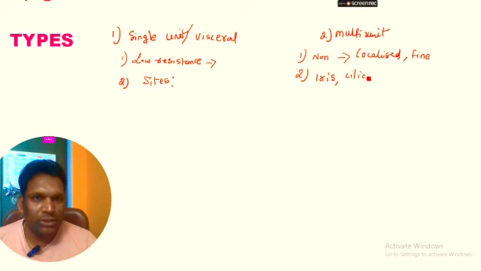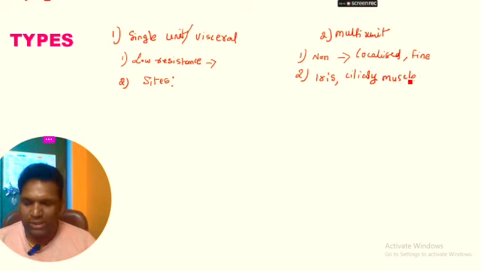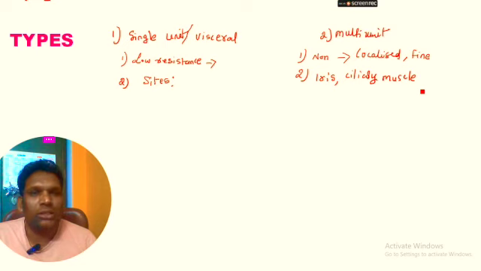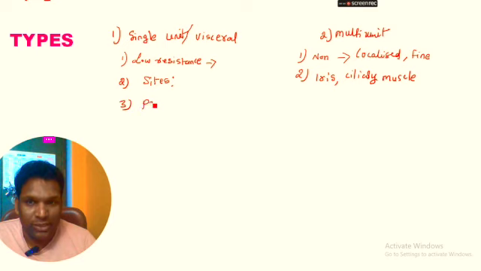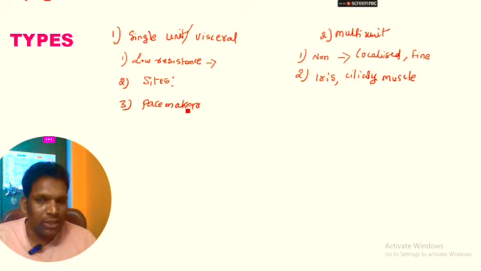Now coming to the third difference. Single unit fibers are characterized by pacemakers. Pacemakers are cells which generate their own impulse. We could see them in the GIT, gut cells, and the innervation is modified by the extrinsic nervous system.